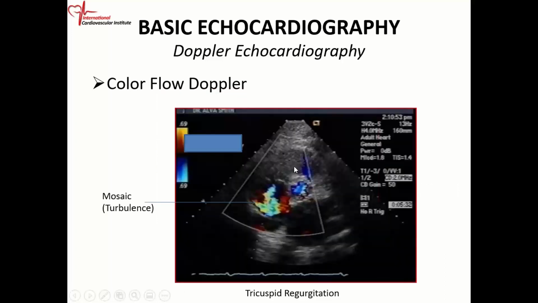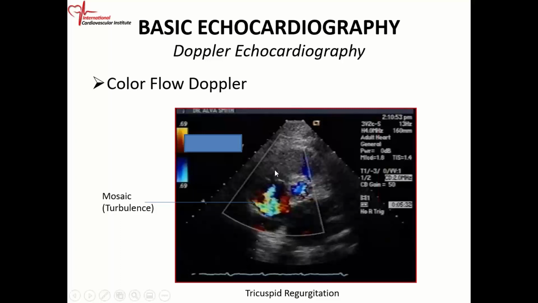Okay, short axis at the level of the aorta. Tricuspid valve is right there. This is the RV. This is the RA. Your transducer is right there. There's a flow moving from the RV across the tricuspid valve into the right atrium, and that's tricuspid regurgitation.